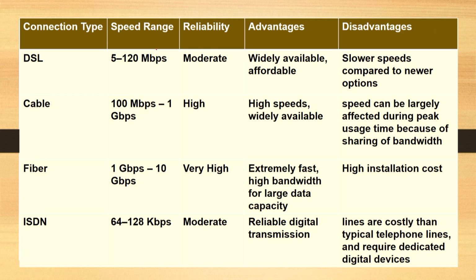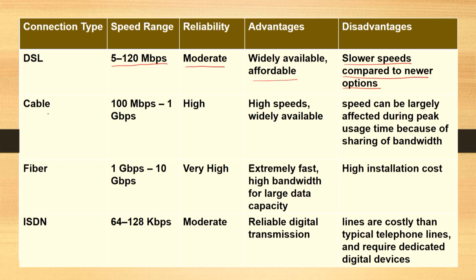DSL is a connection type. There the speed range is 5 to 120 Mbps. Reliability of this connection is moderate. The advantage is that it is widely available and affordable because of the cost, and the disadvantage is that it has a slower speed compared to other options.